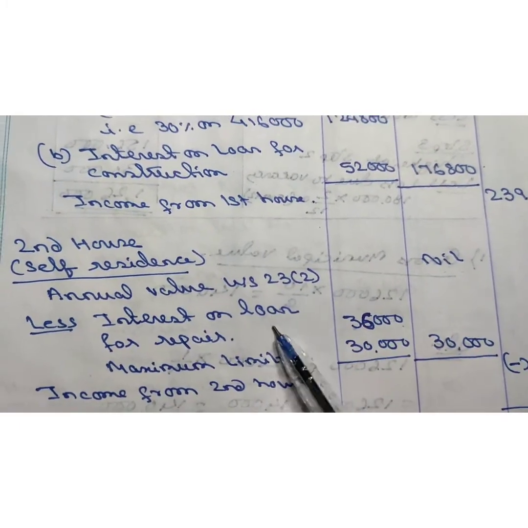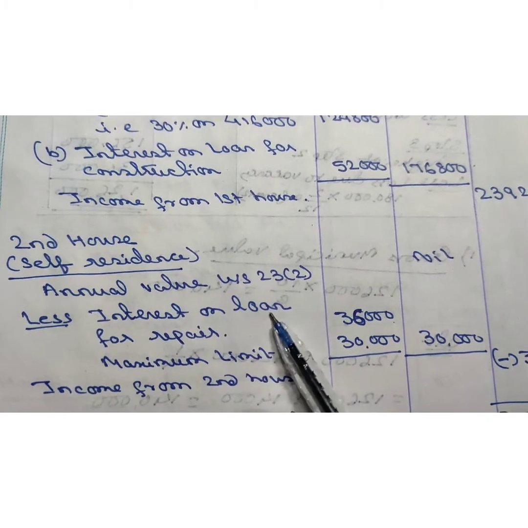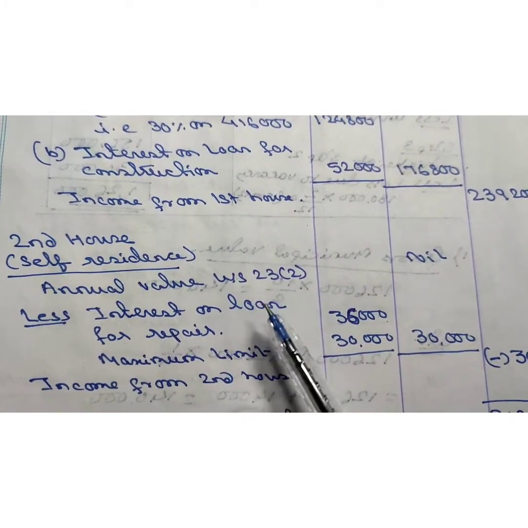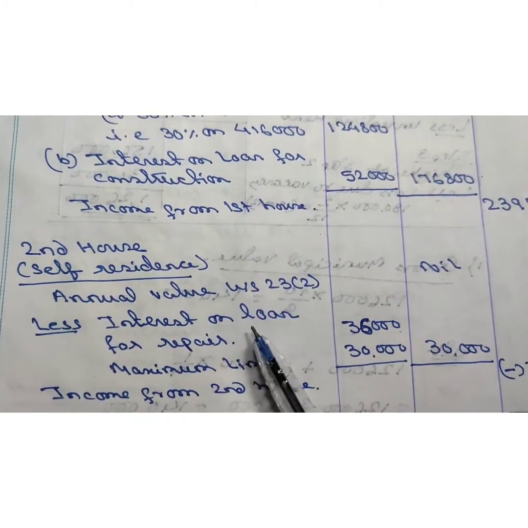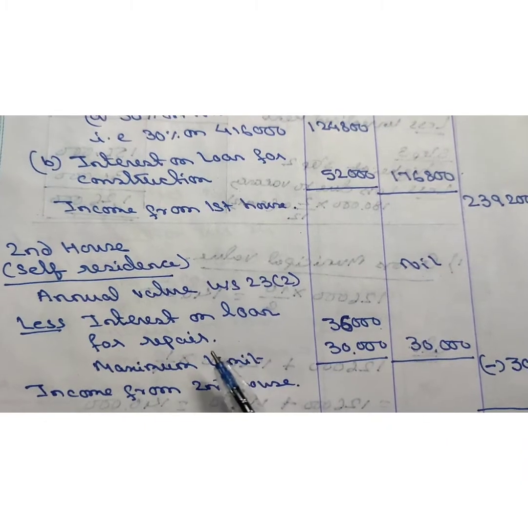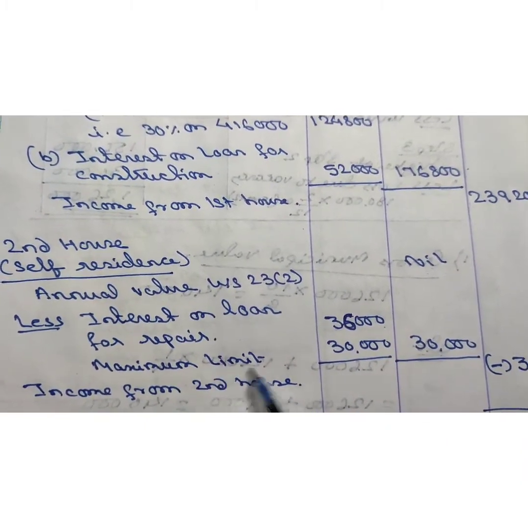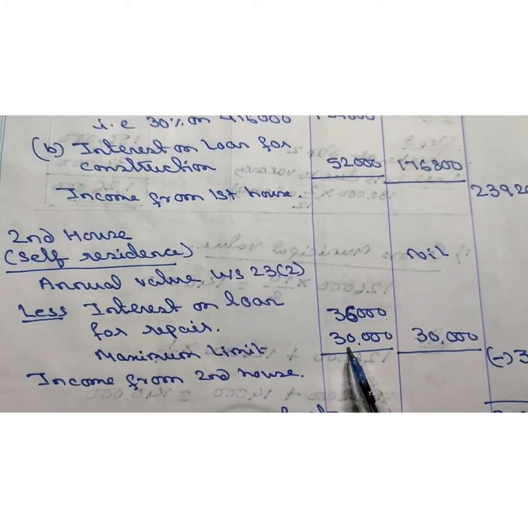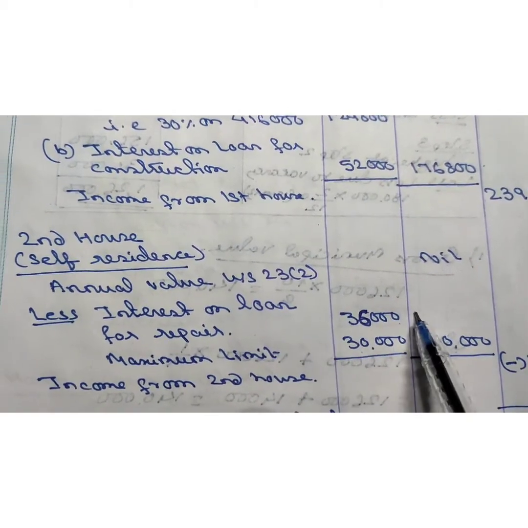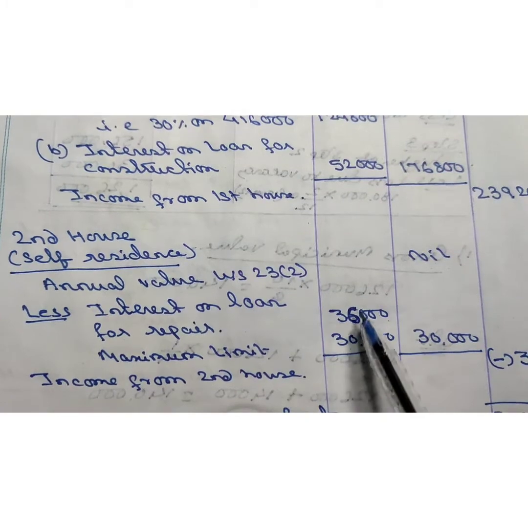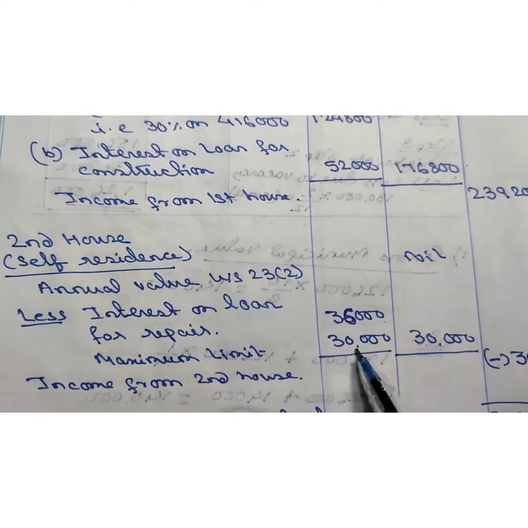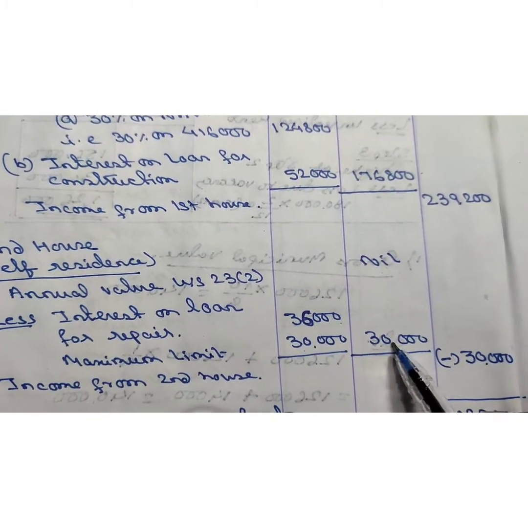But in case of a self-occupied house, there is a maximum limit for deduction of interest on loan. For interest on loan taken for repairing purposes, the maximum limit is rupees 30,000. So the actual amount paid is 36,000 and the maximum limit is 30,000. So the maximum limit will be the available deduction.